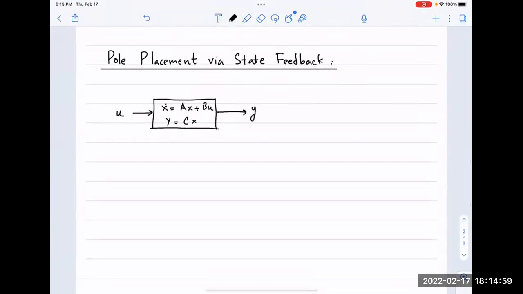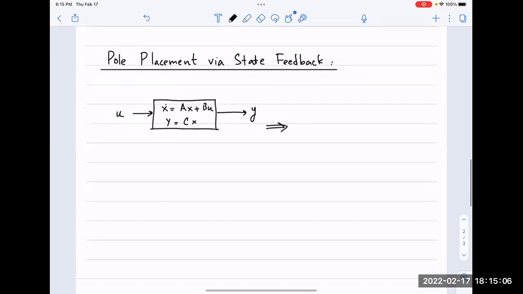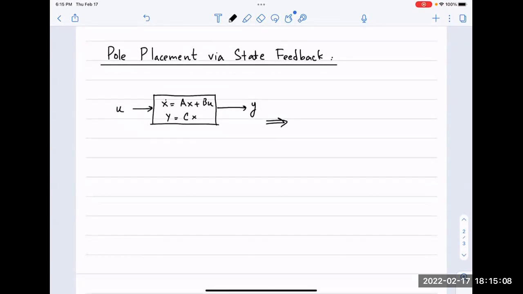We have a fixed location of poles, and from here we want to go to a feedback system. So we are transitioning from this open loop to this new system where we have feedback.